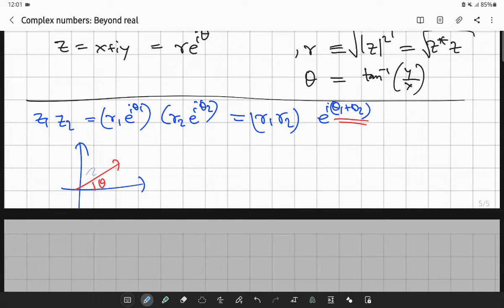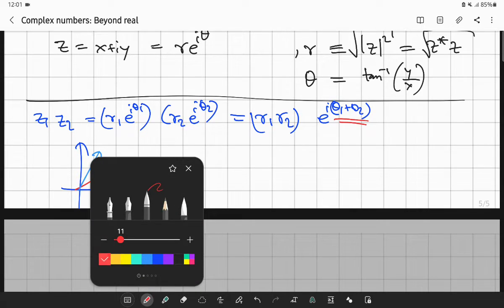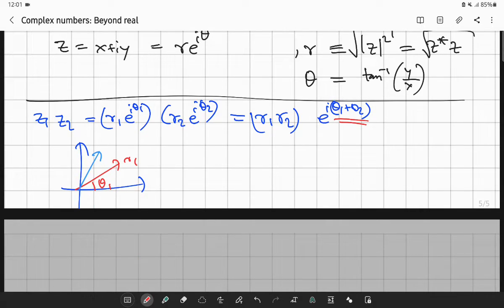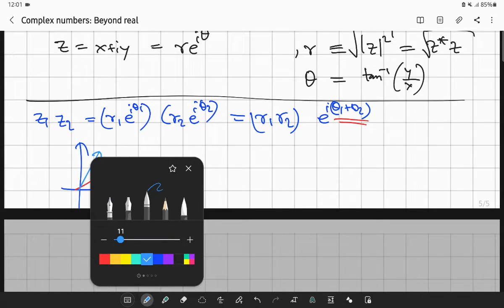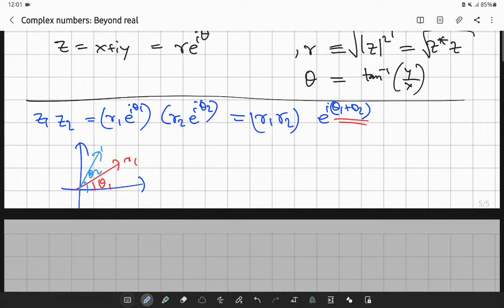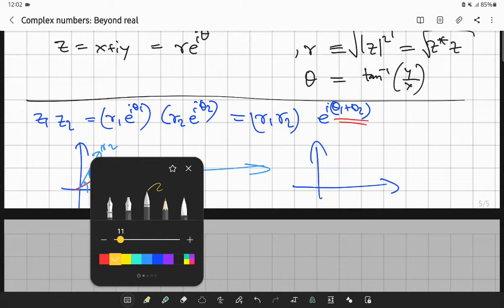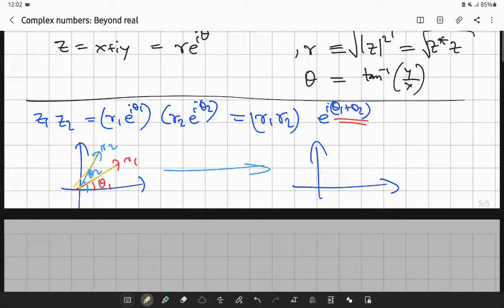So I have theta 1, r1, and I have theta 2, r2. The result of this is as follows. I have a vector that is this length times this length. So you can imagine that it will be this long, and since theta 1 and theta 2 are being added, this will be moving this way.